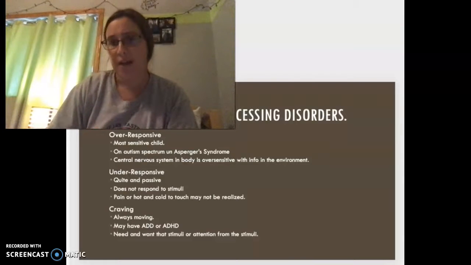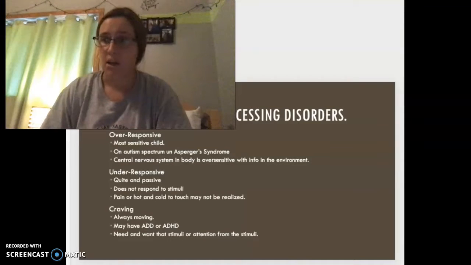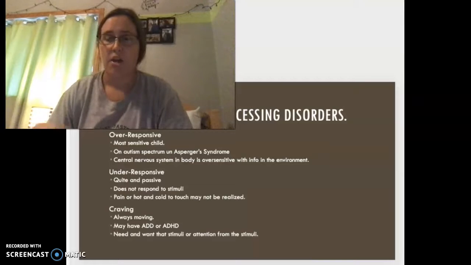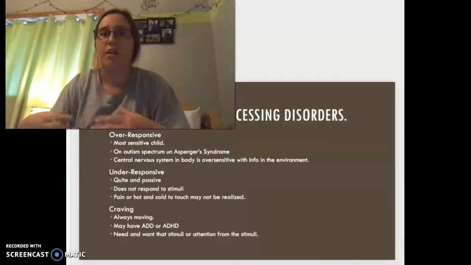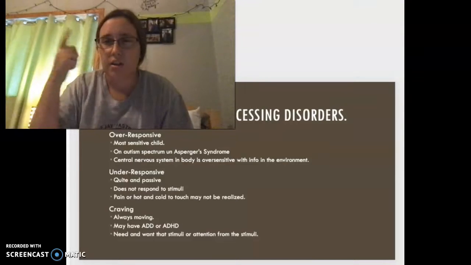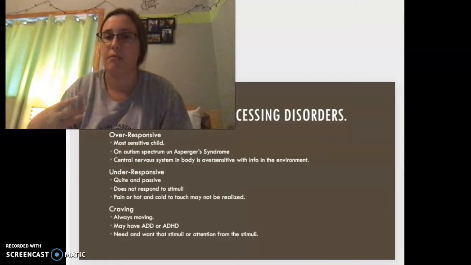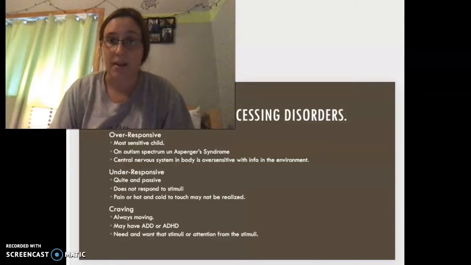So over-responsive. Now the next one is under-responsive. They're normally quiet, passive, and do not respond to stimuli. They do not respond to you talking to them. They're the ones that just don't talk in class. They don't participate, but they're connecting. You aren't going to realize that because, like it says, they do not respond to stimuli.